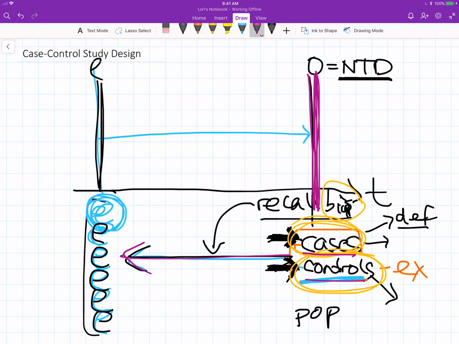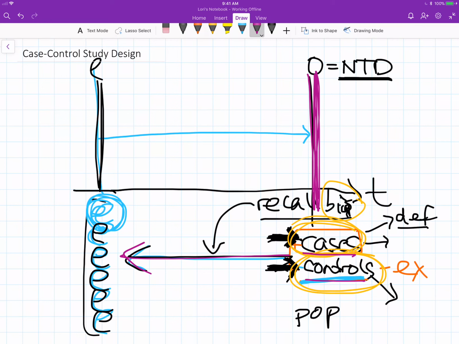You literally sit down with the questionnaire and you say, okay, does this particular infant have a neural tube defect or not? And then here's our whole entire questionnaire that goes with that particular case or with that particular control. We're asking about all these exposures, maybe at different times during pregnancy or even before pregnancy, or we're collecting information about the mom or the baby, and we're collecting it all at once.